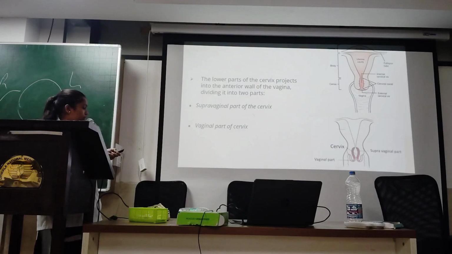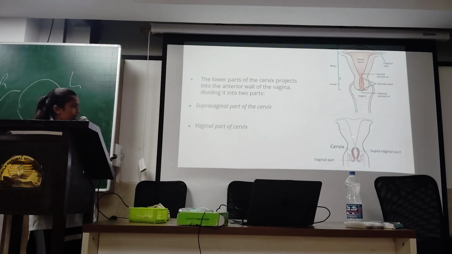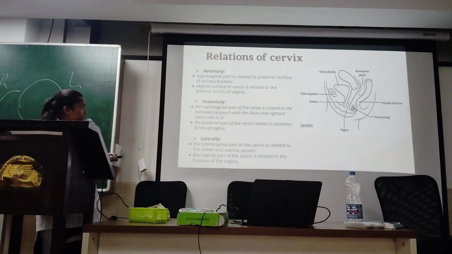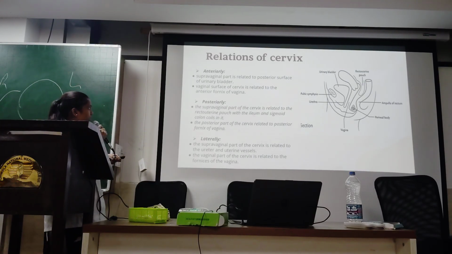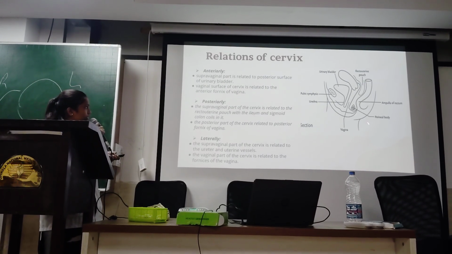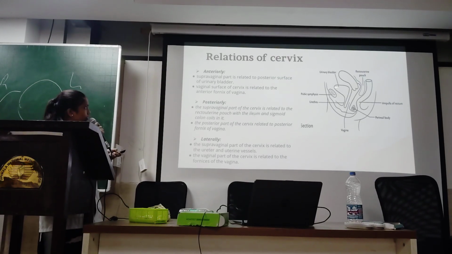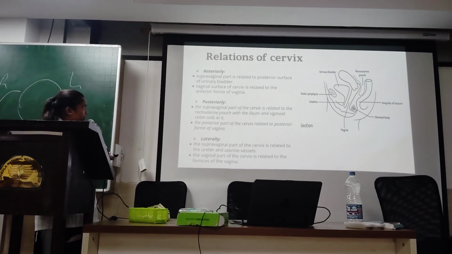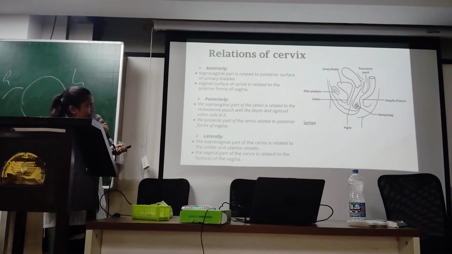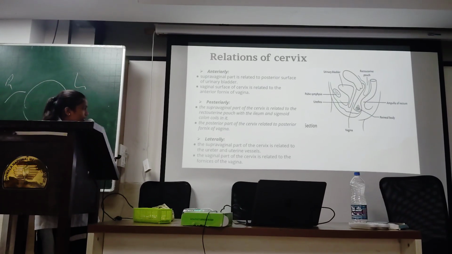The lower part of the cervix projects into the vagina and is divided into two parts: the supravaginal part, which lies above the vagina, and the vaginal part, which projects into the vagina. Coming to relations, anteriorly the supravaginal part is related to the posterior surface of the bladder, and the vaginal part is related to the anterior fornix of the vagina.